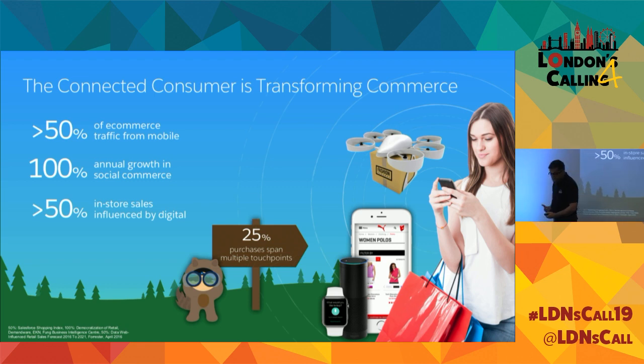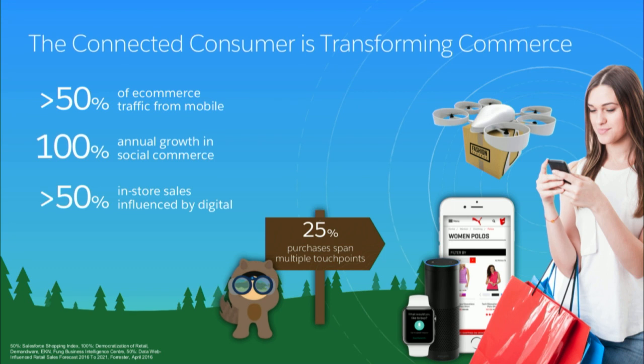What is social commerce? You look up a deal on Facebook, Twitter, Instagram, and then you decide to buy it. One of the important things is gone are the days when you would just walk into a store and buy products. Even if you go into a store, you would typically try to get a better deal digitally, and that phenomenon is growing.